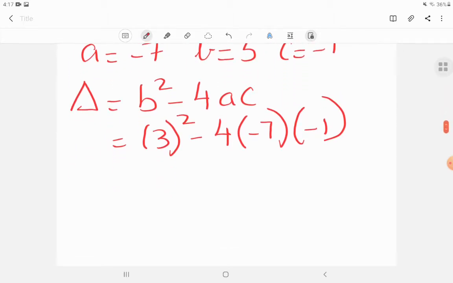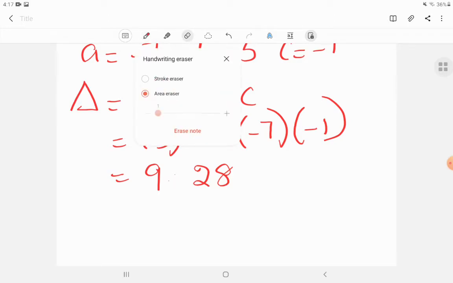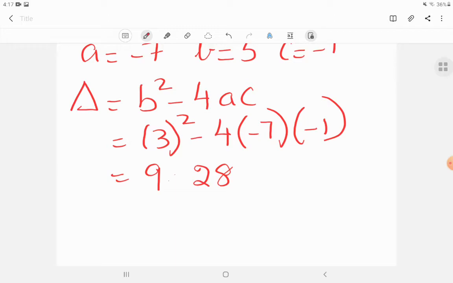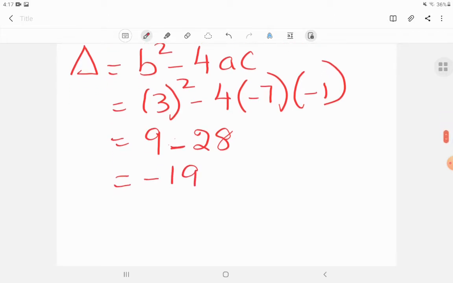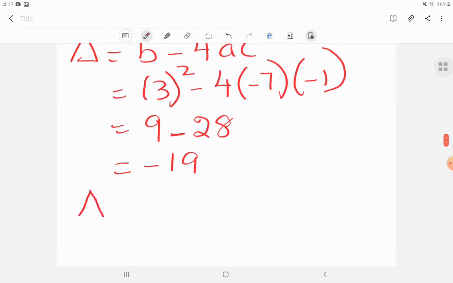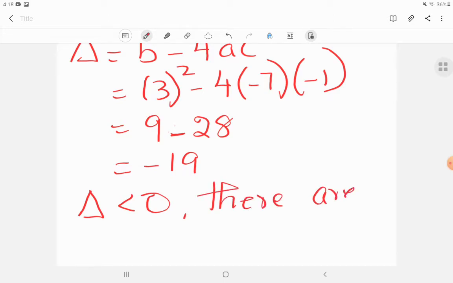So what do we get here? 9, it should be a minus in here, because minus times minus is plus, plus times minus is minus. So 9 minus 28 will give you negative 19. Therefore delta is less than 0, which means there is no real solution.